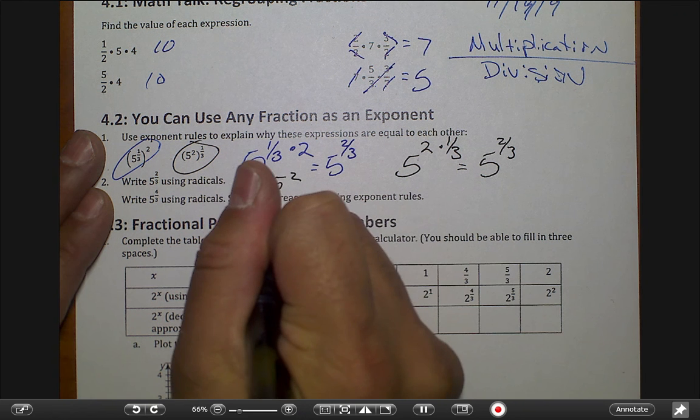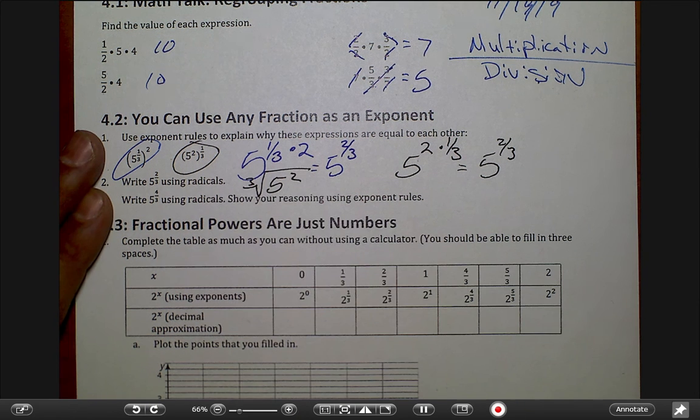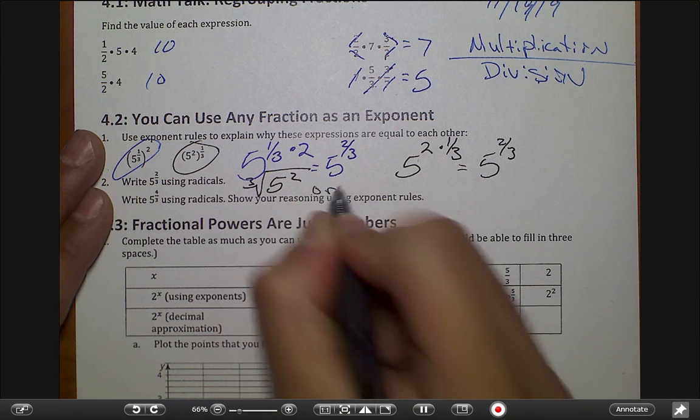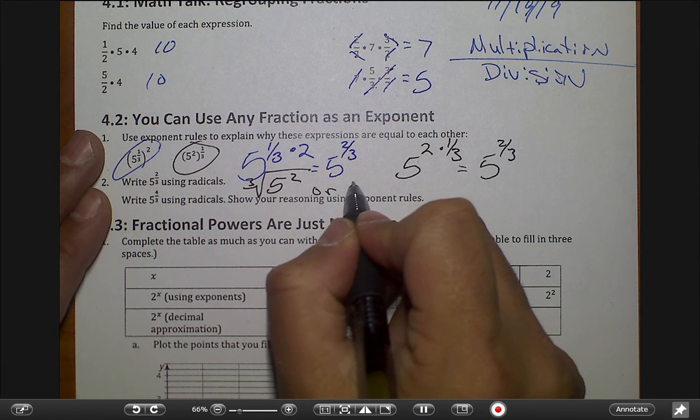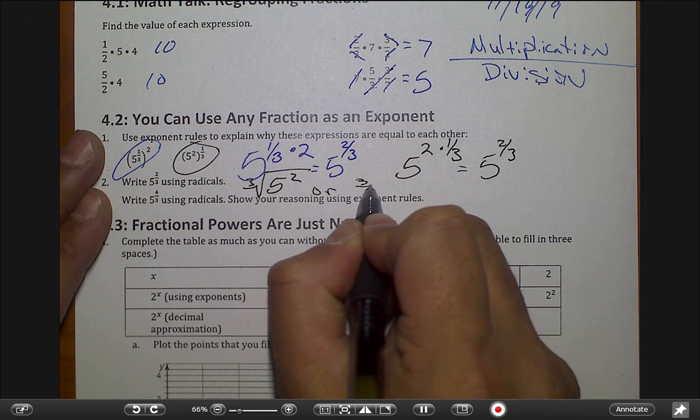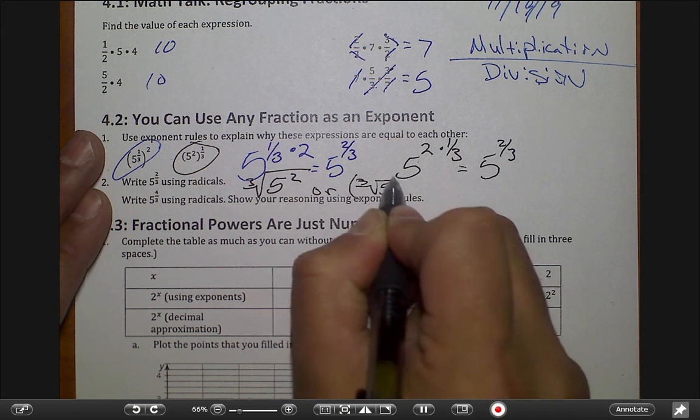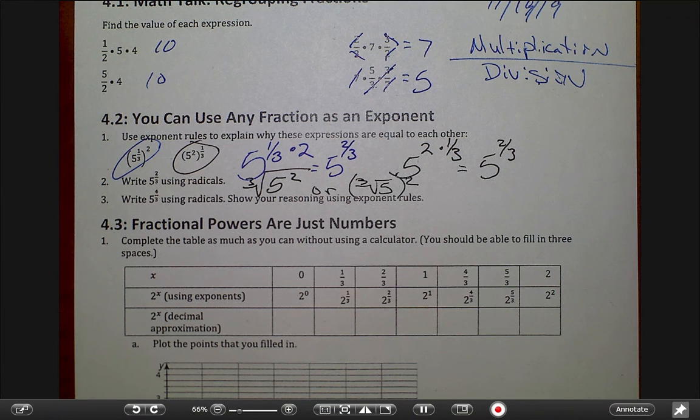So I'm going to go 3rd root of 5 squared. Or I could write it with my root first, then the power. So it could be the 3rd root of 5 squared, like that.